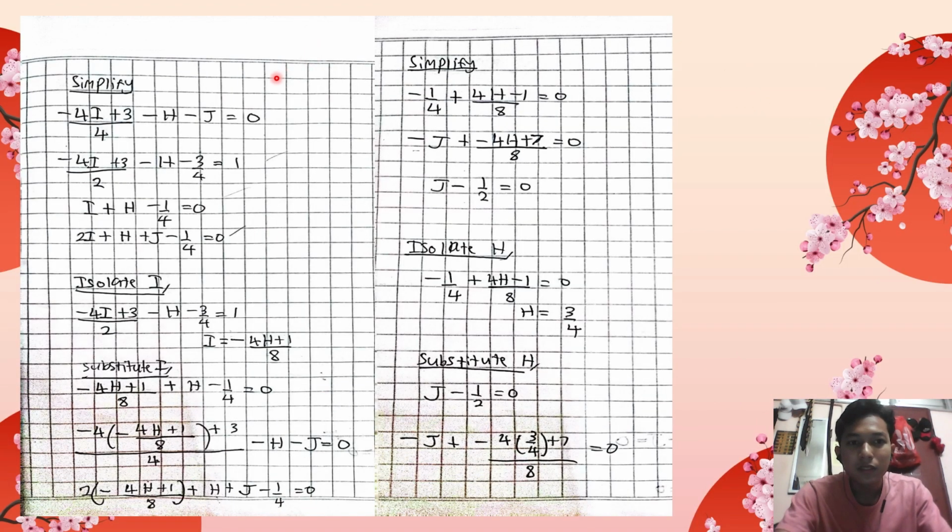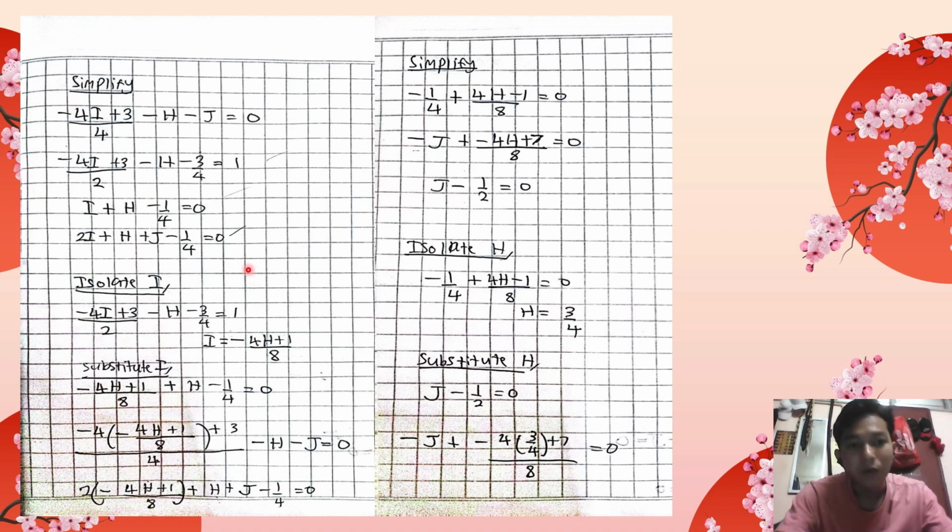Now, after we substitute g, we simplify: negative 4i plus 3 over 4 minus h minus j equal to 0. Negative 4i plus 3 over 2 minus h minus 3 over 4 equal to 1. i plus h minus 1 over 4 equal to 0. 2i plus h plus j minus 1 over 4 equal to 0.